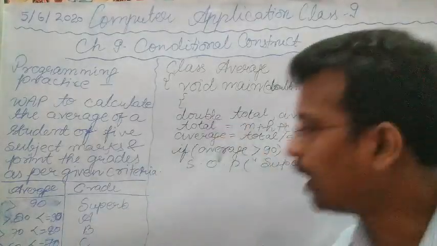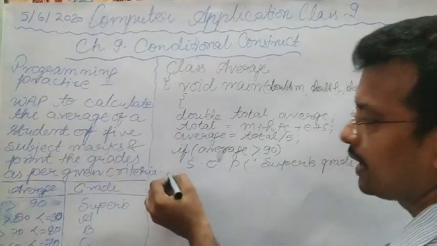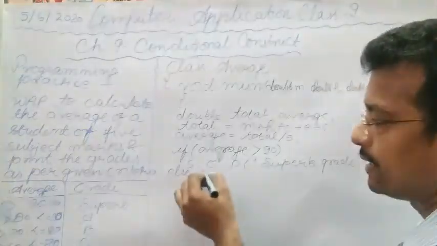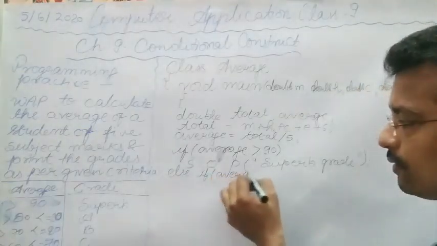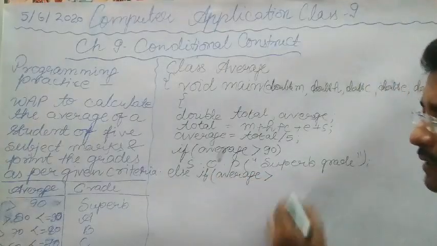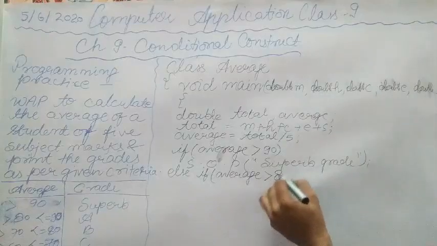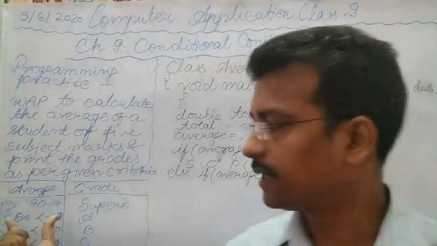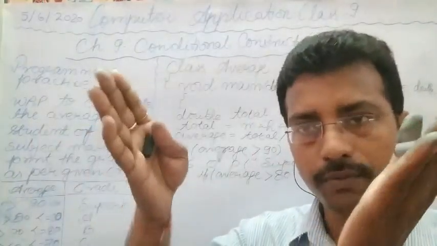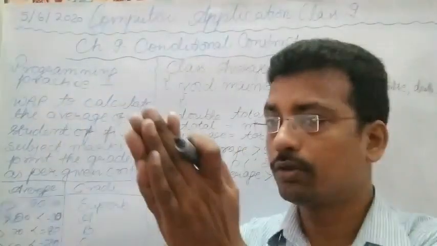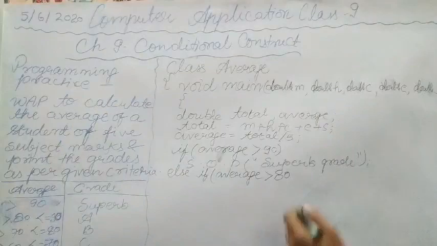I'll tell you how this is working. After that, the else part: else if average is greater than 80. Because it is a range value, we will make 2 conditions and combine both with the help of the AND logical operator.